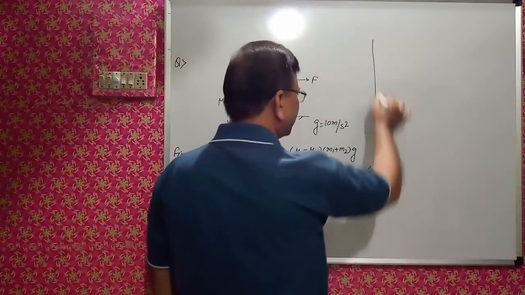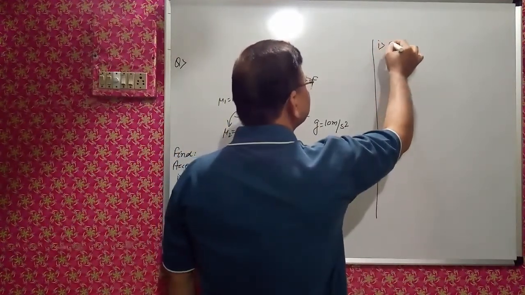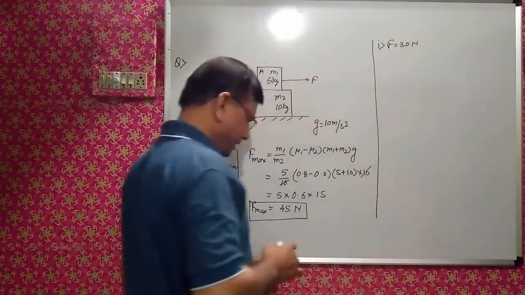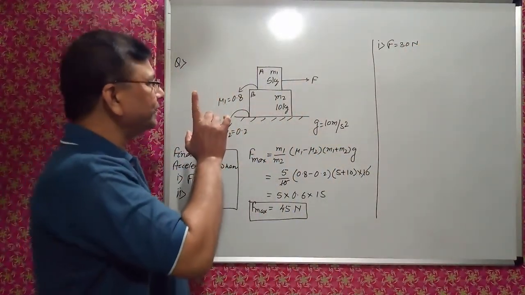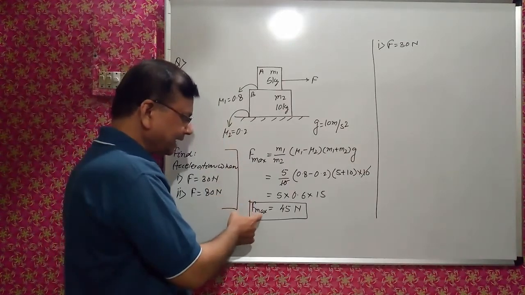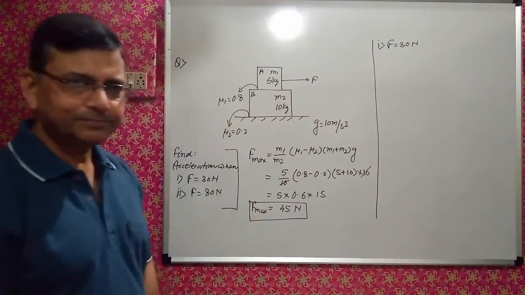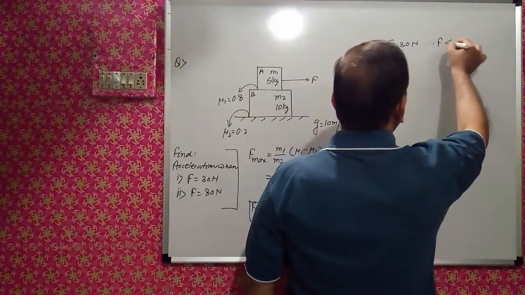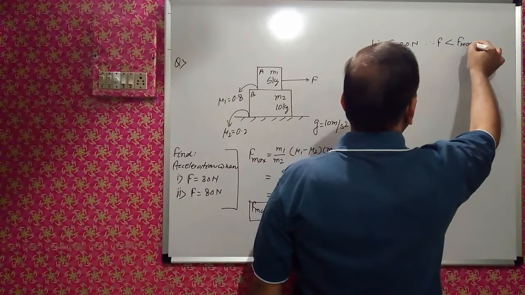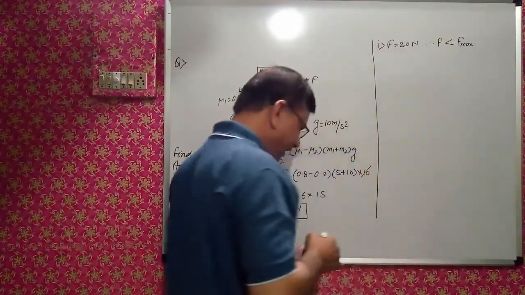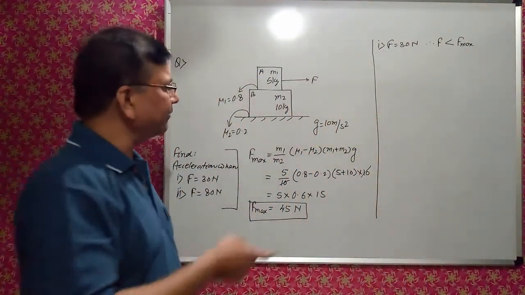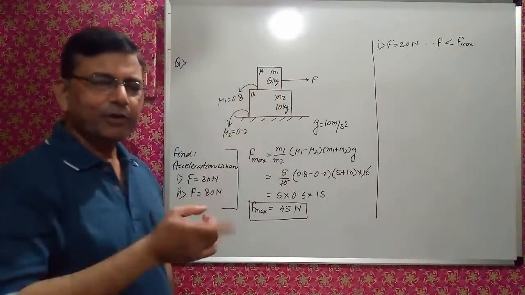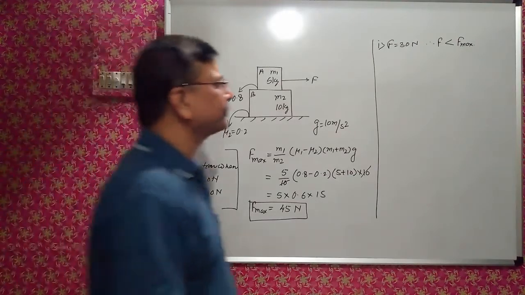Case first. First case, F is equal to 30 Newton. Now you see, F is 30 Newton, means it is less than the maximum force here. Therefore, F is less than F max. Since F applied is less than F max, it means both the blocks will be moving together with common acceleration.